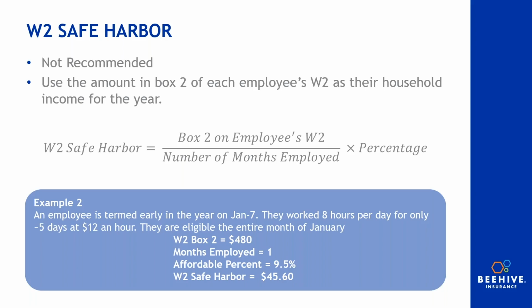So that is the major downfall of the W-2 safe harbor and makes it hard to use, because you don't know what's going to be in those box 2 until the end of the year. So we don't recommend the W-2 safe harbor, but it may come in handy if you aren't able to use the other 2. We can check and see if you are able to use the W-2 safe harbor.